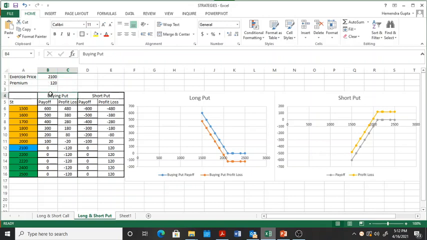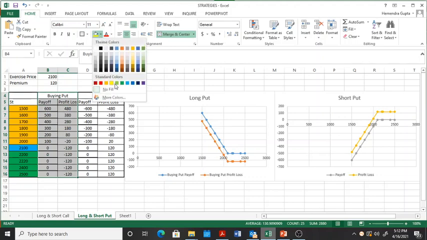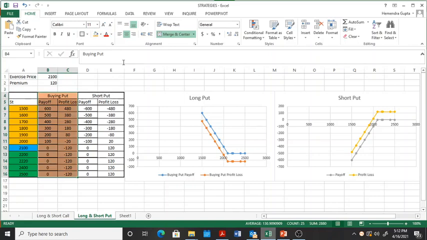So this part indicates the payoff and profit and loss for the buyer of a put option, sorry, it's a buyer of a put option. So let's see what is happening. The person who has bought the put option, why will he buy it?